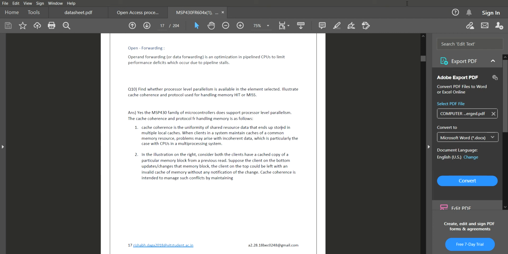So again, let me show you this. Level parallelism in MSP430 architecture. Sorry for my slow typing.